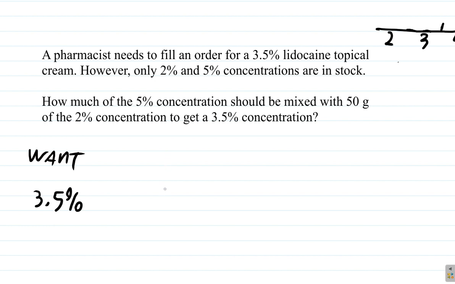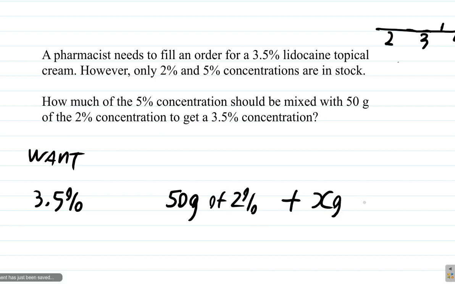We have 2% and 5%. 50 grams, in fact, of the 2% concentration. We have a large amount of 5% concentration. So we're going to mix 50 grams of 2% concentration with a certain amount. We don't know, so we call it X grams of the 5% concentration.